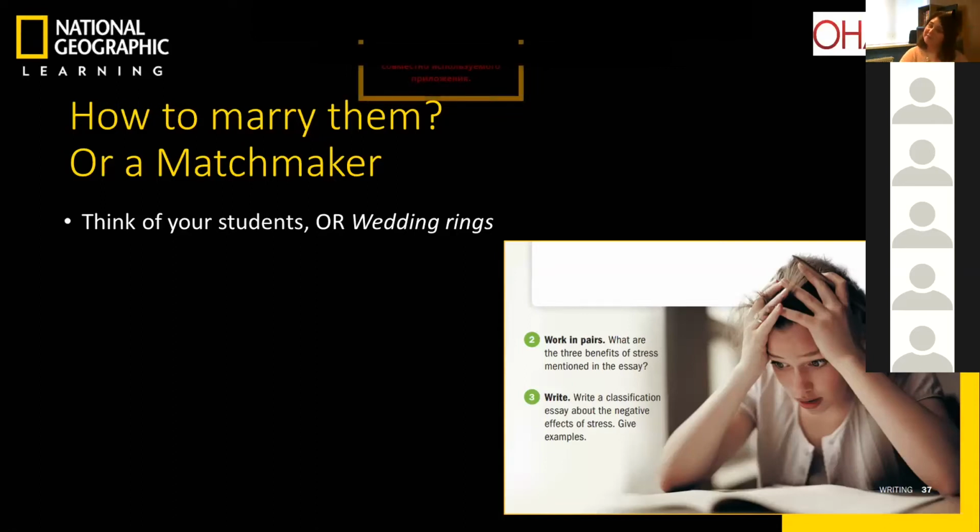Or in our context, it's our wedding rings. So then, can you please share your ideas? Like, what else can help us become a matchmaker? You can write your ideas in the chat box.